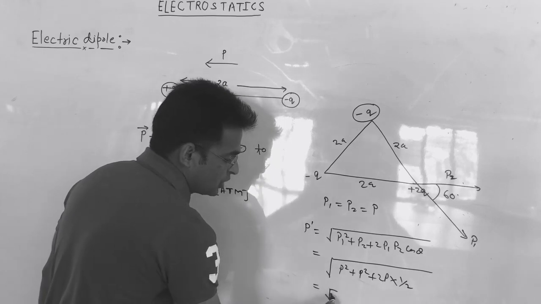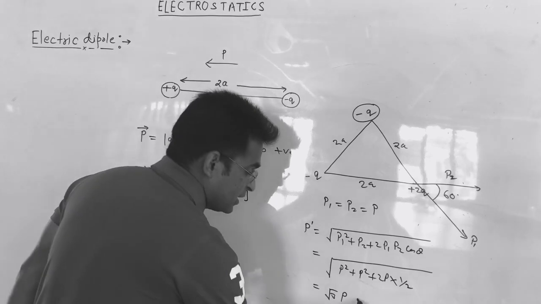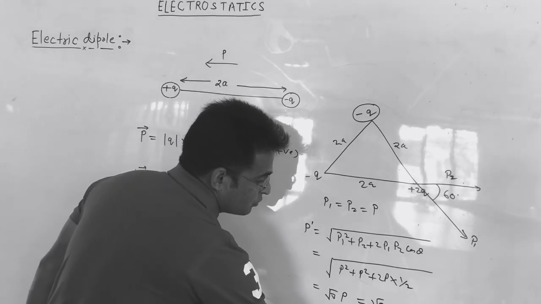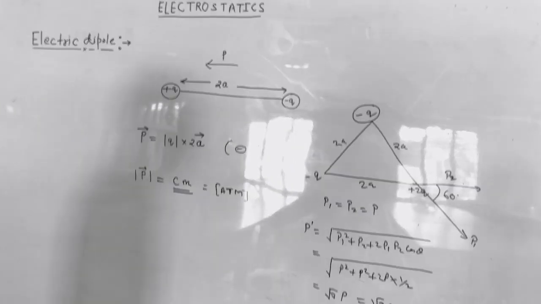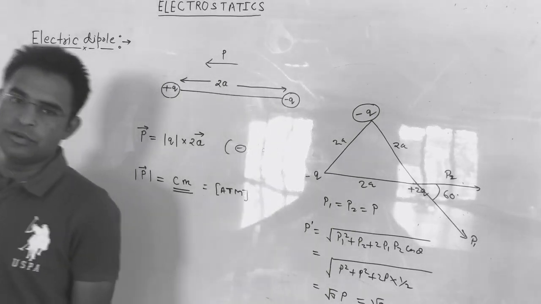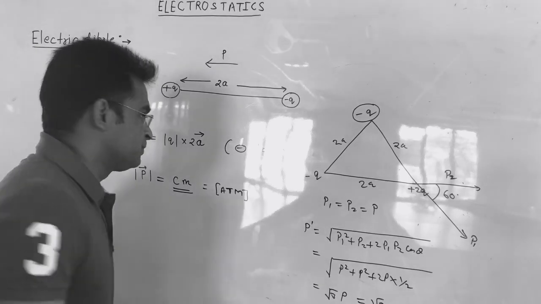So I'll get root 3 into P. And what's the value of P? One of the charges multiplied by 2a. It means root 3 into q into 2a. So this is the dipole moment for the system. Means it's a vector quantity, and whenever you have to find the combination of 2 dipoles, 3 dipoles, we find each one and after that we add them as vectors.